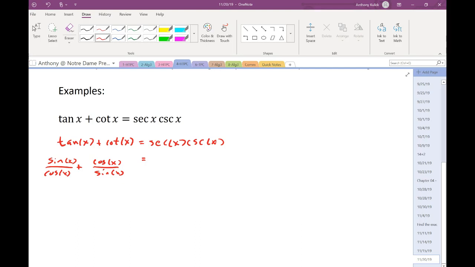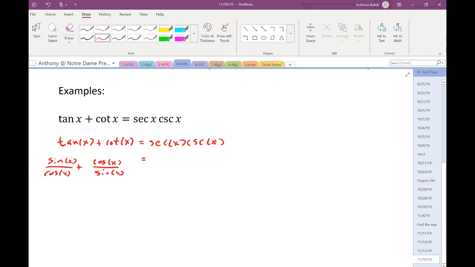Okay, so we've rewritten tangent and cotangent in terms of sines and cosines. Now what? Let's make a common denominator because we want to add these two fractions together. Good. What would the common denominator be for this? Good.